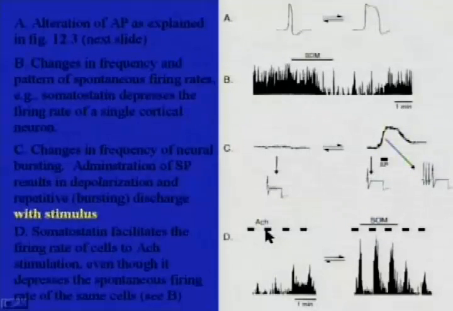So somatostatin can prevent the opening of calcium channels and thus inhibit the spontaneous neuron firing, while others, such as substance P, close the normally open potassium channels, and thus increase the depolarization of the cell until the firing threshold is reached, as we see here.